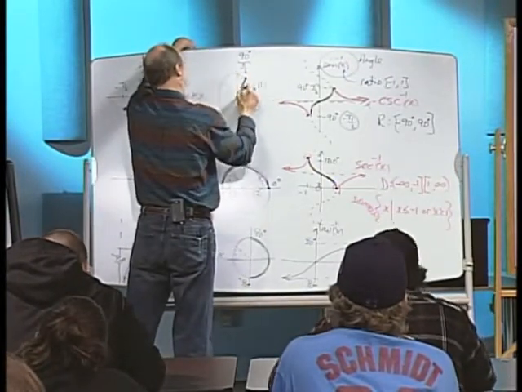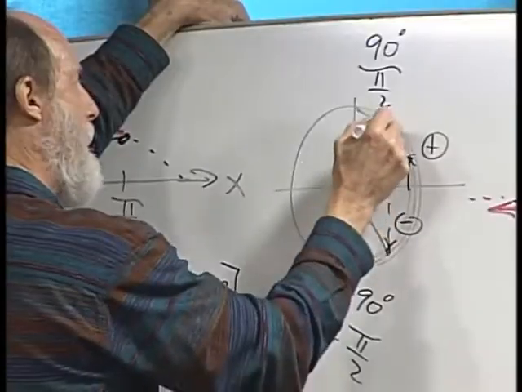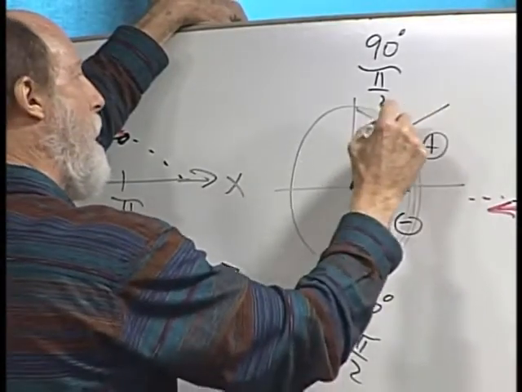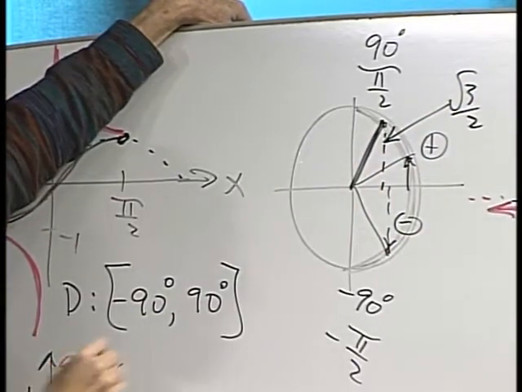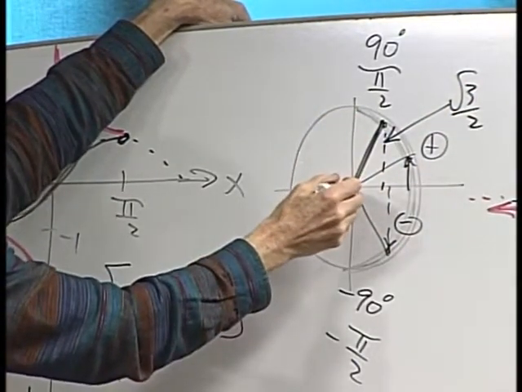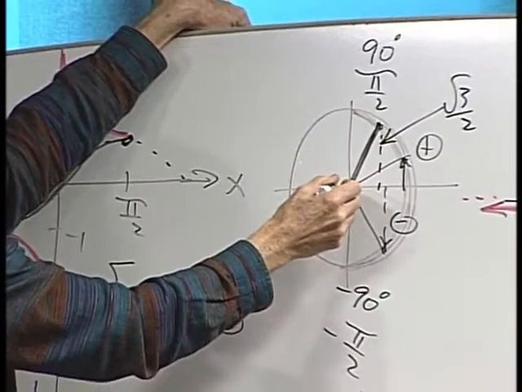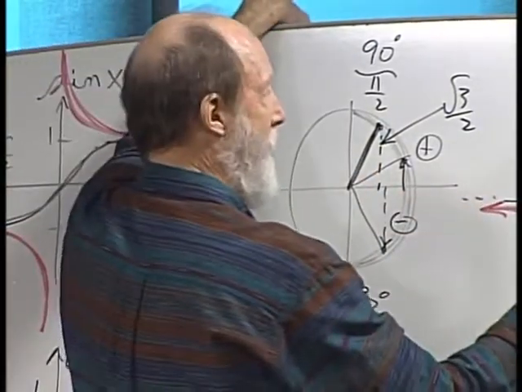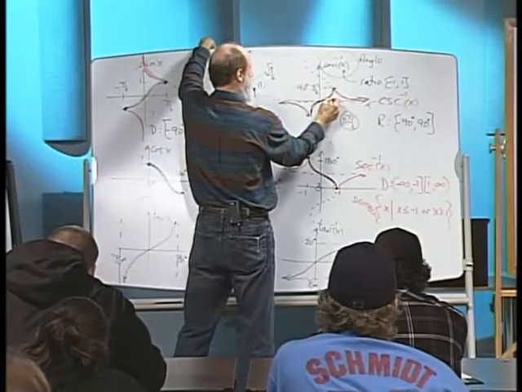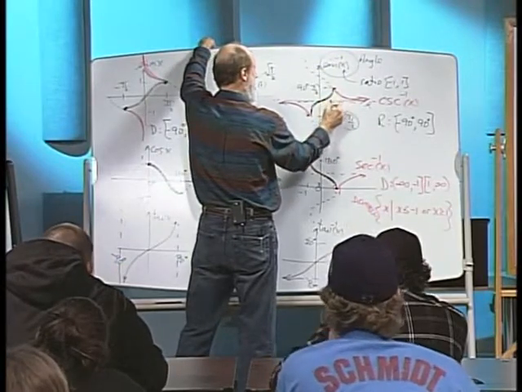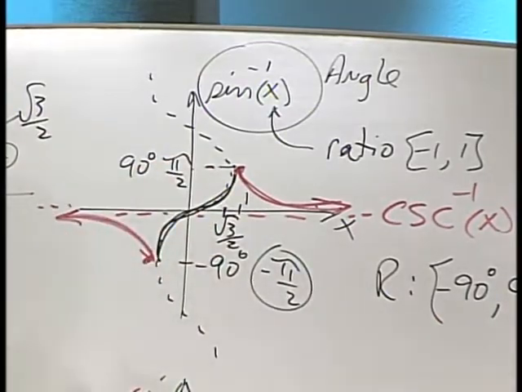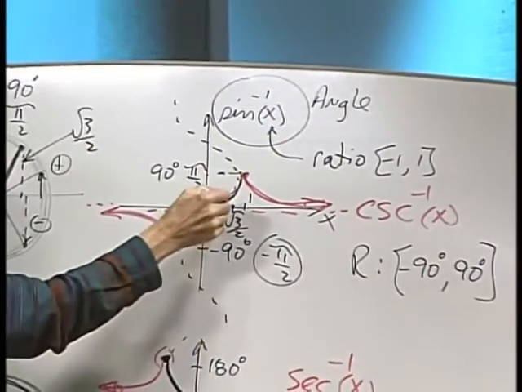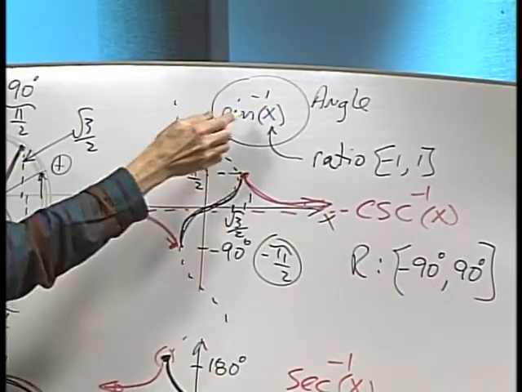Right? You're working this from the inside out. So the sine of 60 degrees here is square root of 3 over 2 at 60 degrees. Now the question was, what's the inverse sine of that? So square root of 3 over 2 is right in here before you get to 1, and that's your input to the inverse function.